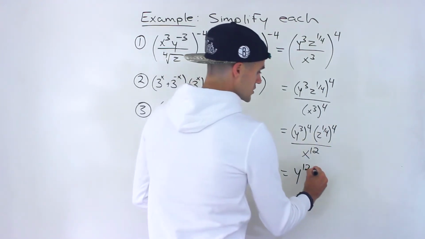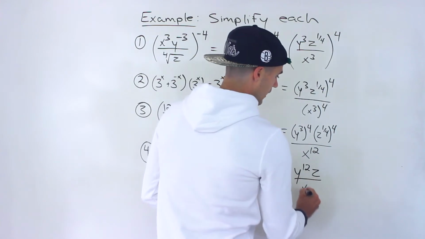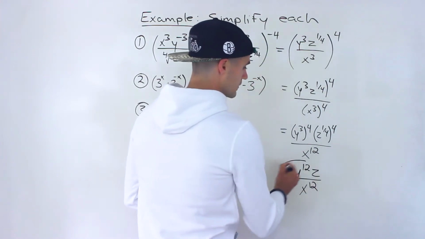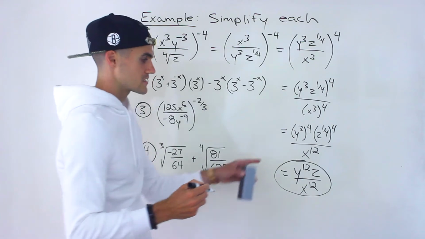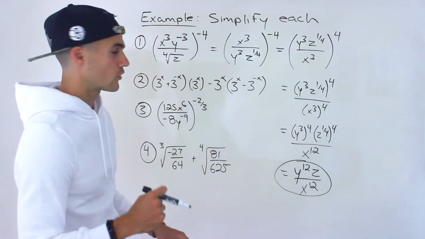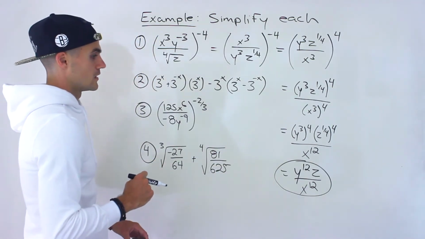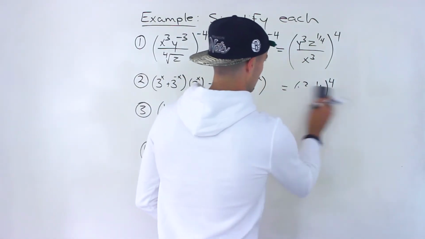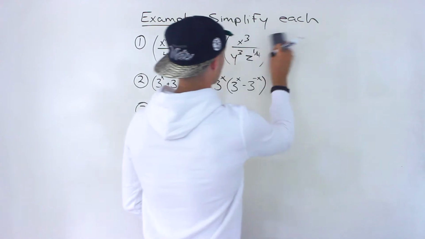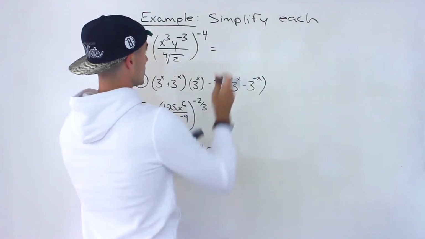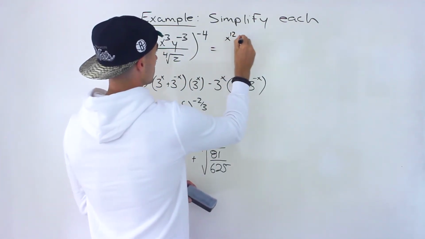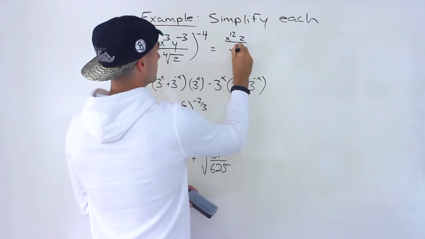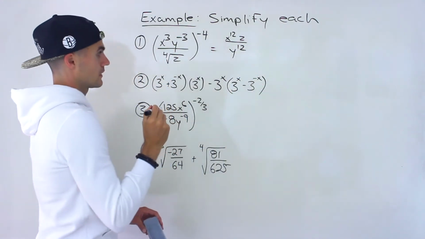Z to the power 1 is just z. And we'd end up with that right there. So we have y to the 12, z to the power 1 all over x to the 12. So that is the answer for number 1. Let me write the answer over here. So we got x to the 12z over y to the 12th, like that.